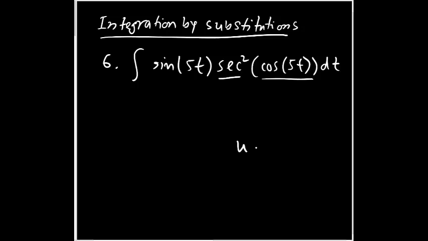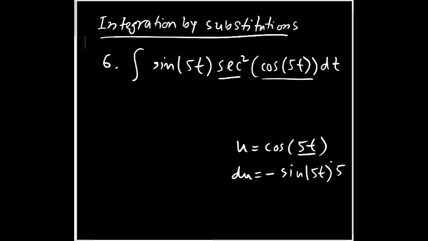So you take u equals cosine 5t. And now you remember the chain rule of derivatives. So du will be, we know cosine derivative is negative sine 5t, and then the derivative of 5t is 5 dt. Now you can see what I have remaining in here.